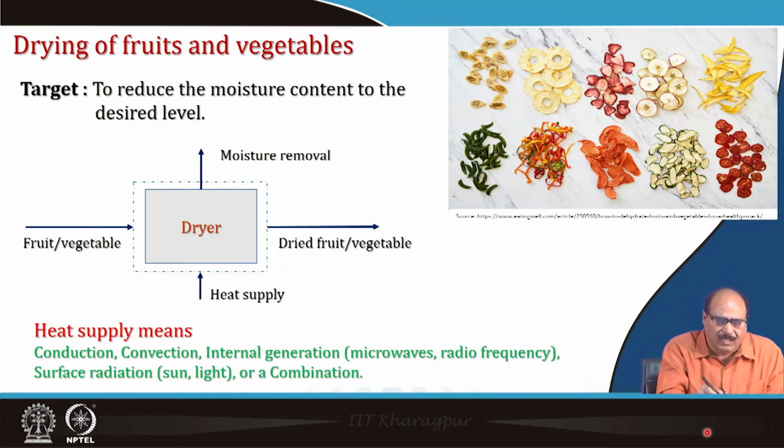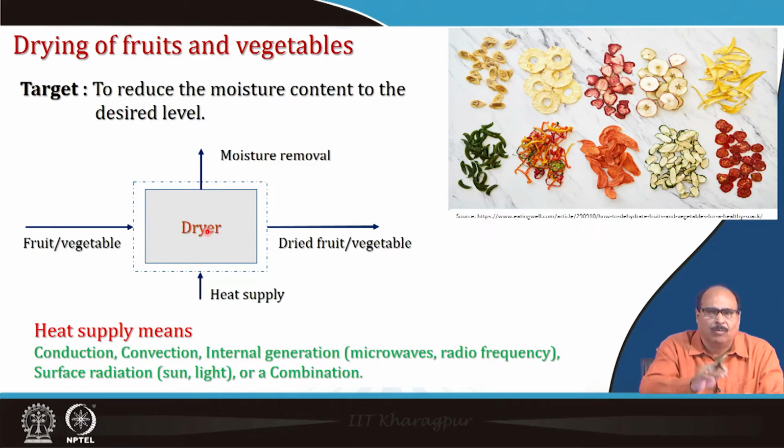So, what is done here? Obviously, there is a dryer into which the prepared fruit and vegetable is put, where some suitable heat source is supplied. This heat causes the evaporation or removal of moisture, and finally we get the dried fruit or vegetables.